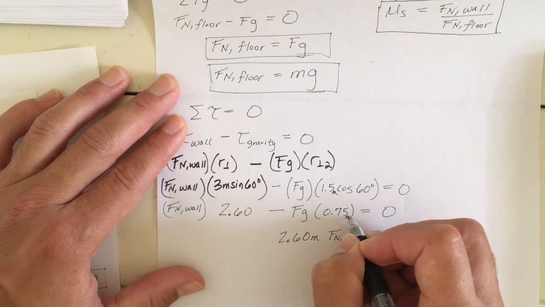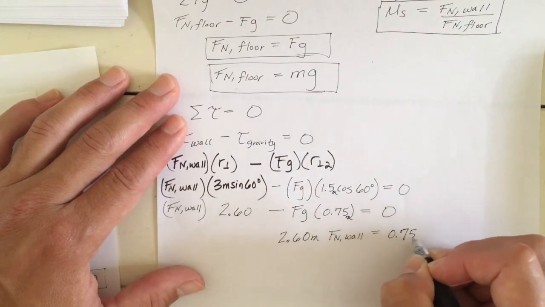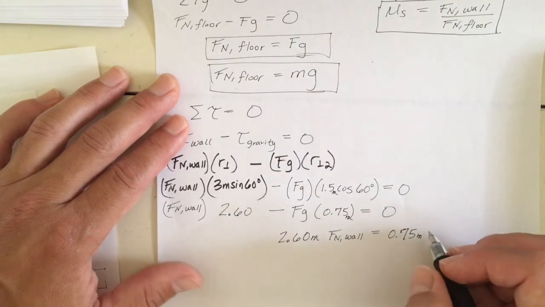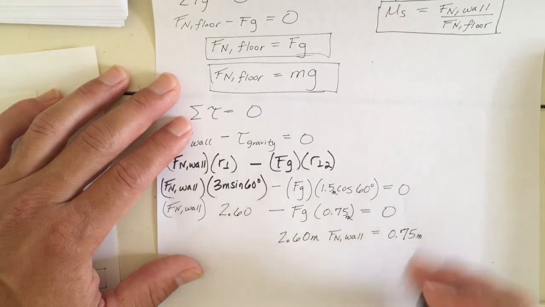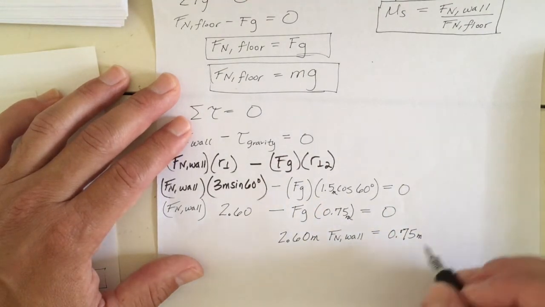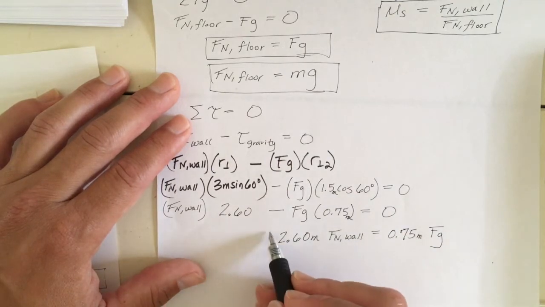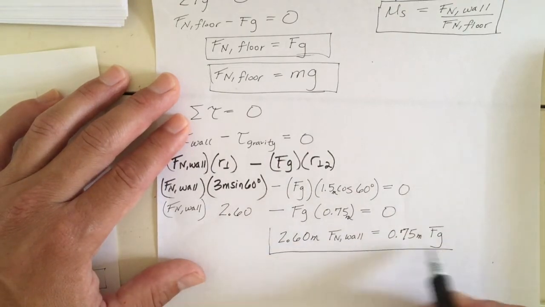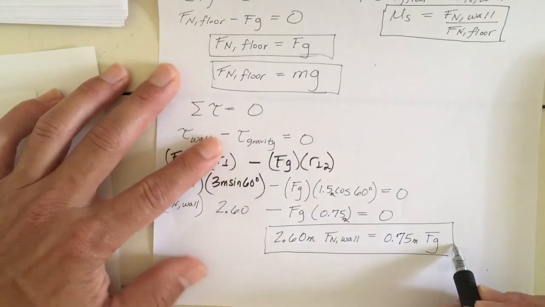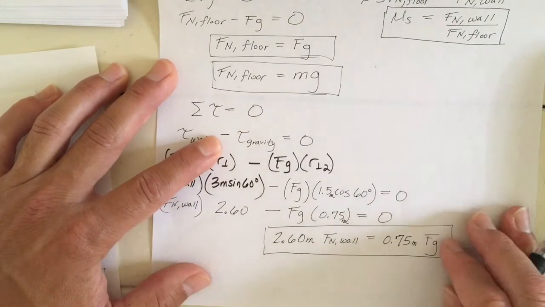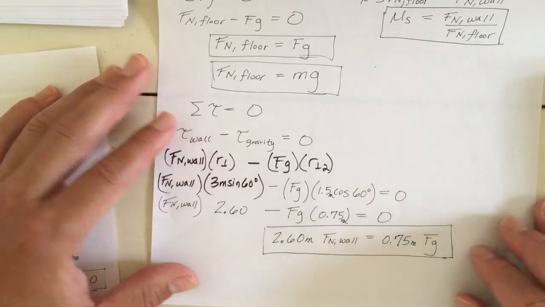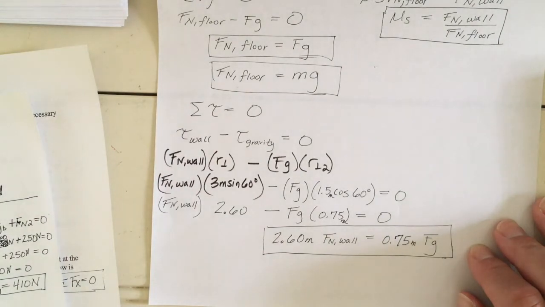I've got to watch my units. 0.75 meters times FG. That seems like we're kind of stuck there, which is not good. So let's see if we can reconcile this somehow.